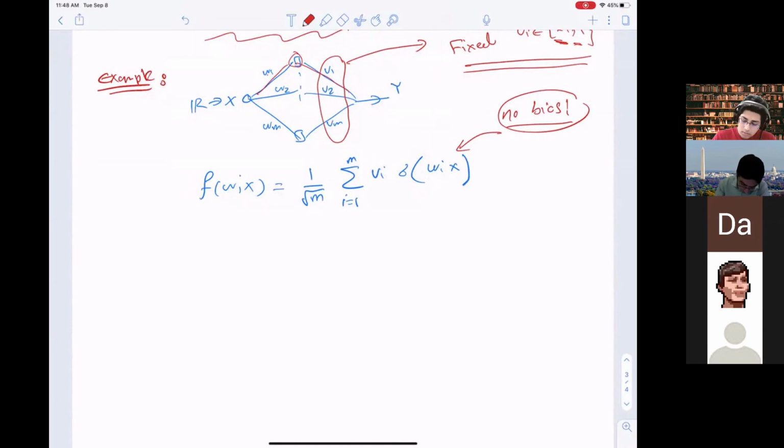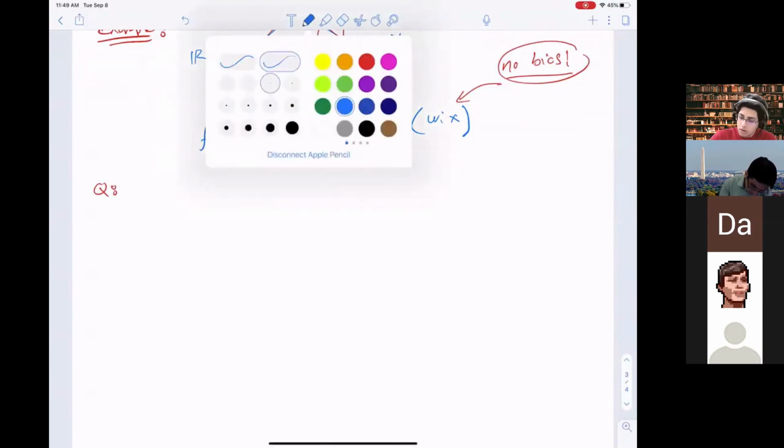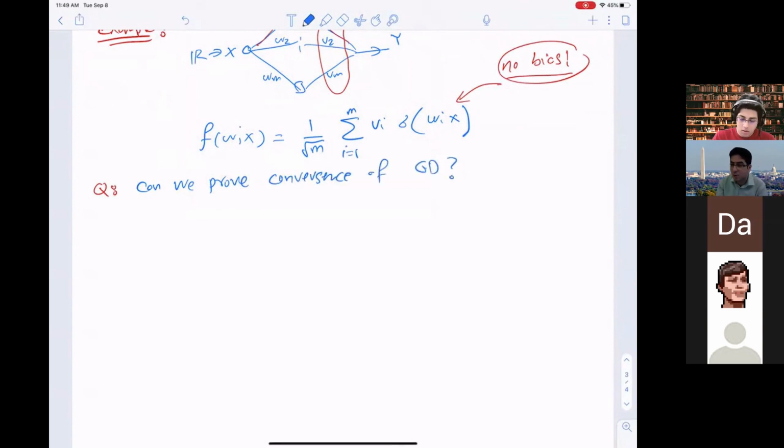So let's ask this question: can we prove the convergence of gradient descent for this very simple neural network?